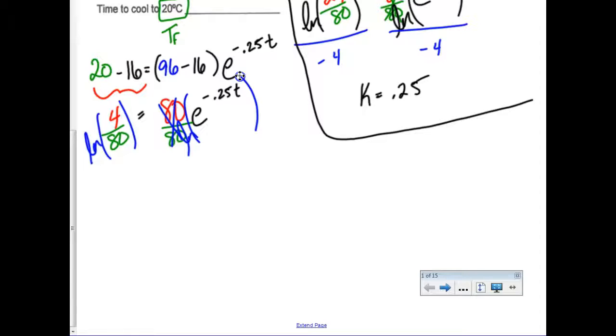And if you want to try being the laziest person possible, like me, your last step is going to be to divide by negative 0.25. So if you truly, truly hate showing work and you want to make that as small as possible, that's about it. That's as much as you can get away with showing work without getting, you know, your teacher suspicious of you for copying. Okay, I want to see at least that much work.